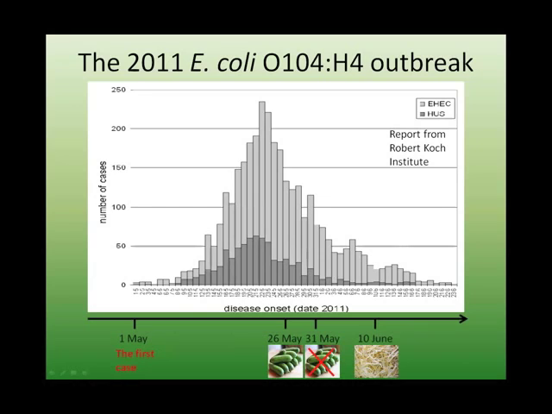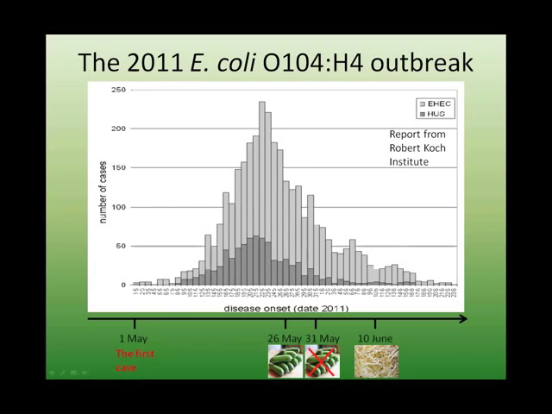And on May 26th, the German health official announced that cucumbers from Spain were identified as the source of the E. coli outbreak in Germany. And then the European Commission, on May 27th, said that 2 Spanish greenhouses suspected to be the source had been closed for investigation.